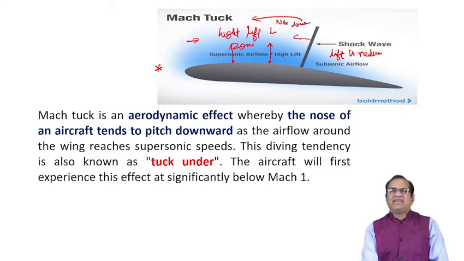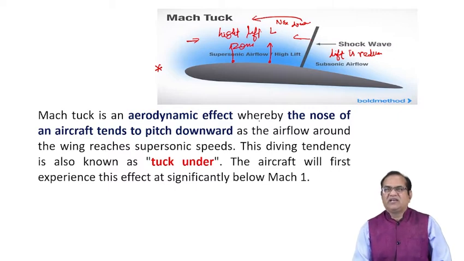Okay. So Mach tuck is an aerodynamic effect whereby the nose of an aircraft tends to pitch down as the airflow around the wing reaches supersonic speed. This tendency is also known as tuck under.